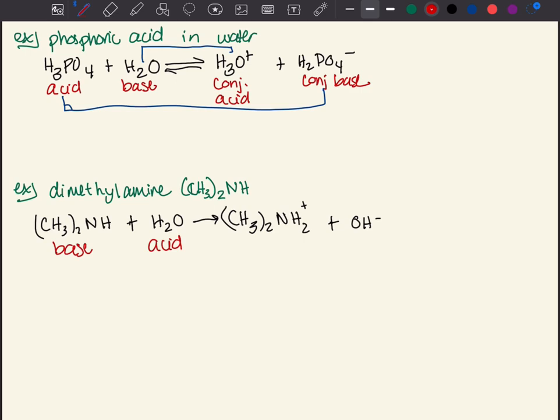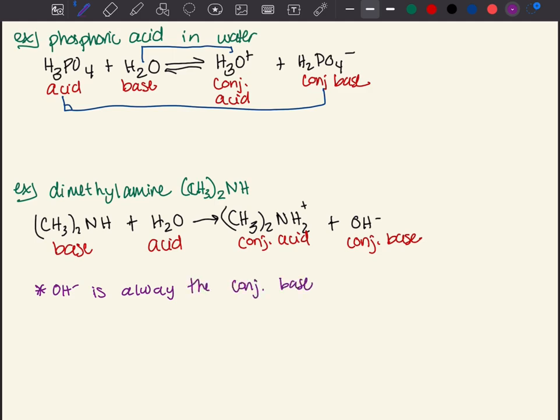So my dimethylamine is acting as my base, and in a basic environment, water is going to behave as an acid. Now, the conjugate acid comes from the base, so that means my first product is going to be my conjugate acid, and that makes hydroxide my conjugate base. If you do a reaction and hydroxide is the product, it is always the conjugate base.